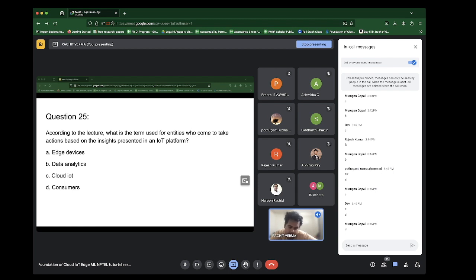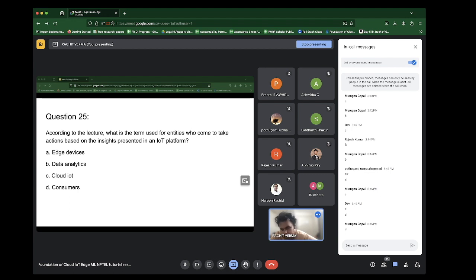This action could be, let's say, turn the machine off or turn the machine on, or increase the temperature, decrease the temperature. So the devices that actually go in and use these insights for their tasks do this, and this is done by the consumer. The term consumer captures the essence of all these devices.